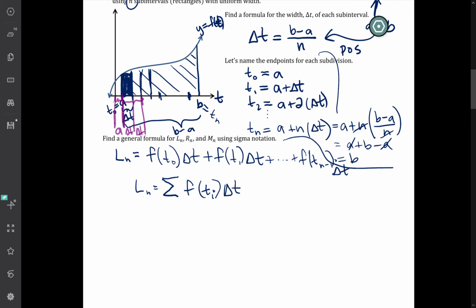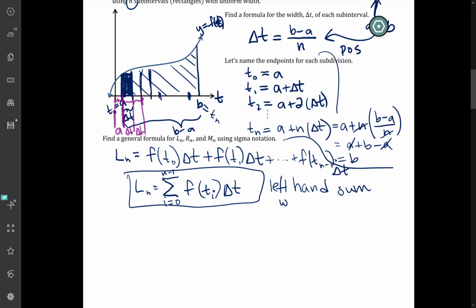So I'm going to say we're plugging in our t sub i, and if it's a left-hand sum, we want i to start at 0 and stop at n minus 1. Okay, so this is the formal notation for a left-hand sum. And we know that the n should represent the number of subintervals.